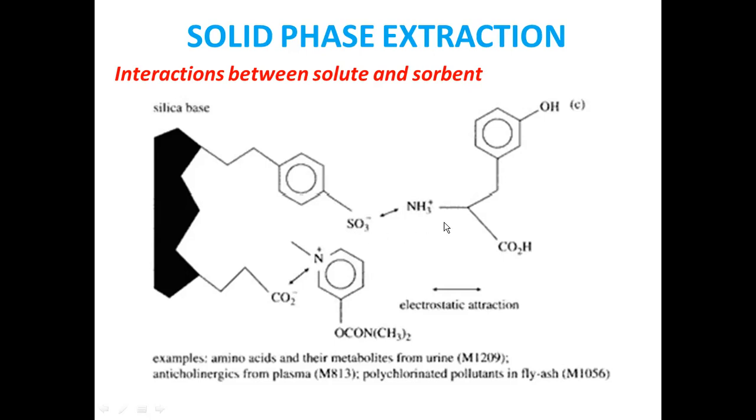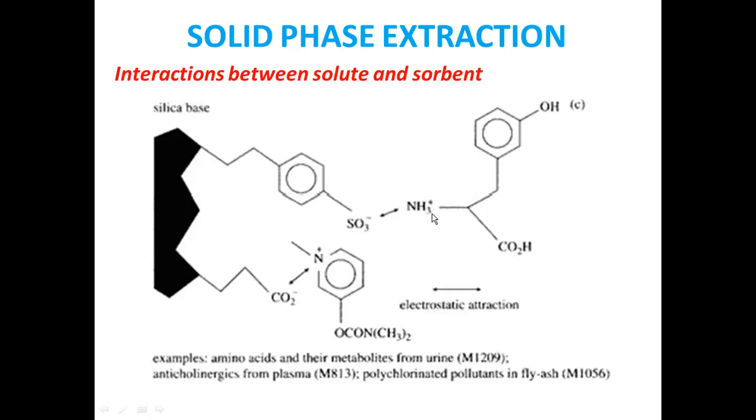So if positively charged species are present, and you pass an acidic aqueous sample containing these two solutes, the groups undergo protonation. The NH2 group present initially accepted one hydrogen ion to be converted to NH3 plus, and the pyridine nitrogen was protonated to be converted into N plus.